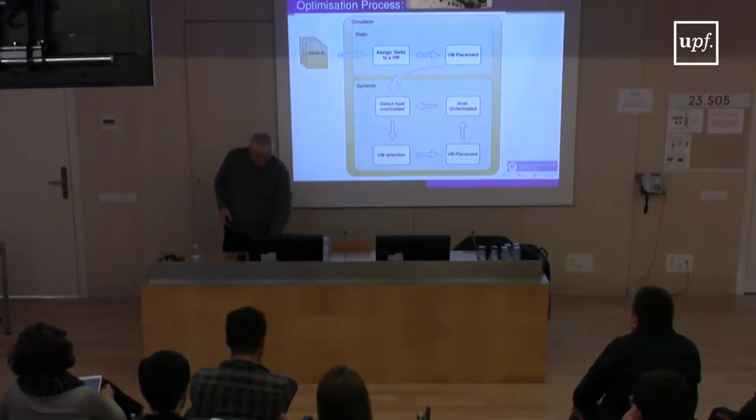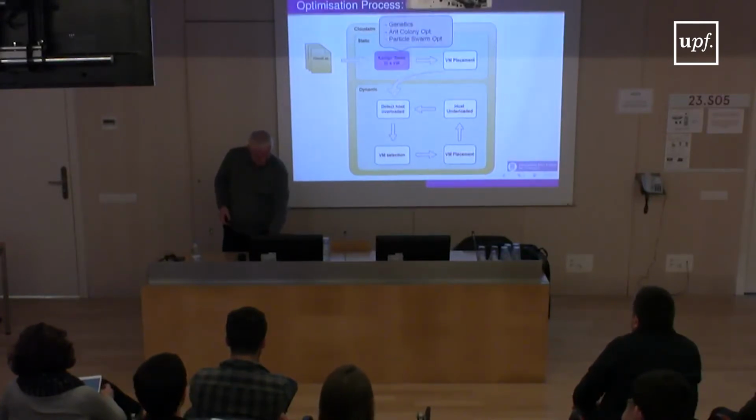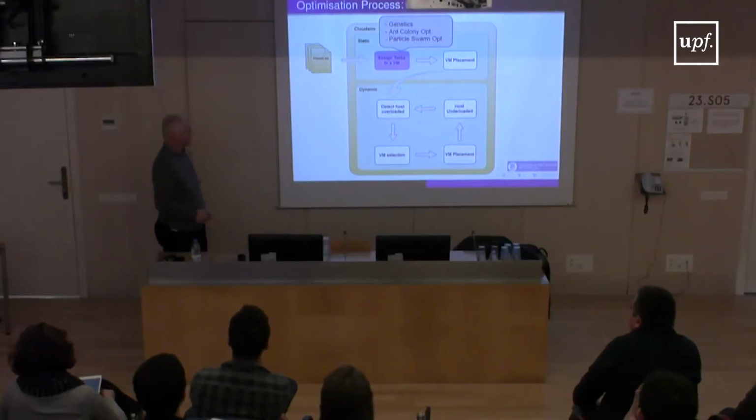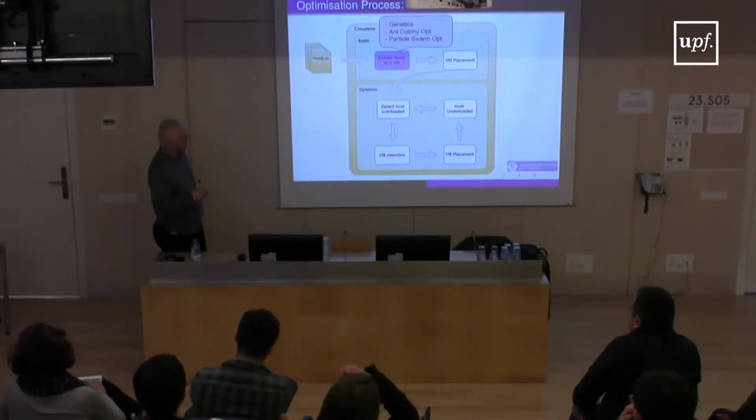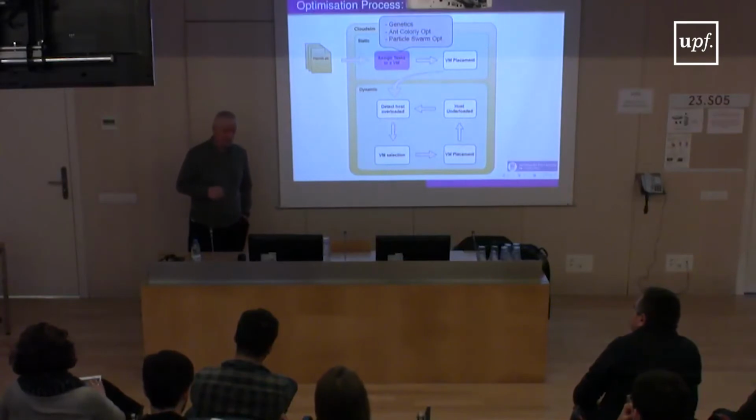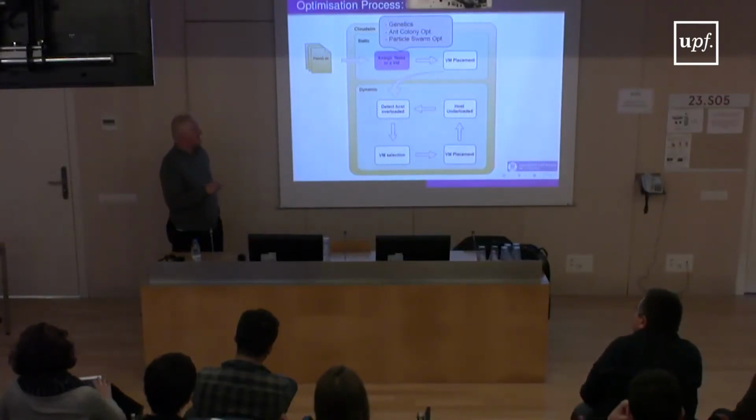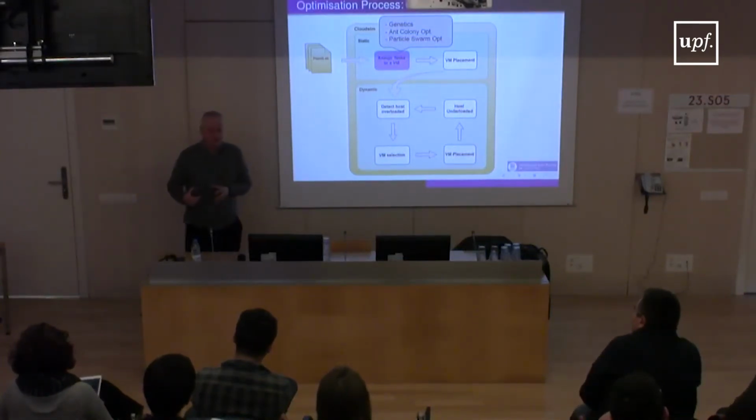Okay, very briefly, because I think I'm getting a little more time than I thought to talk on this part. As I said, in every block you can put meta-heuristics, right? Now, in this part, basically you have a number of applications and a number of virtual machine types. So this is some kind of optimization problem.